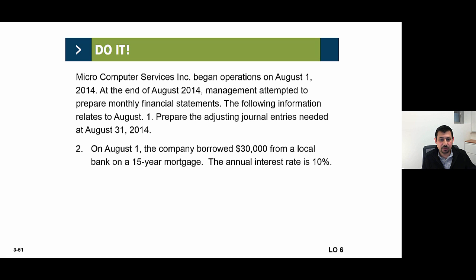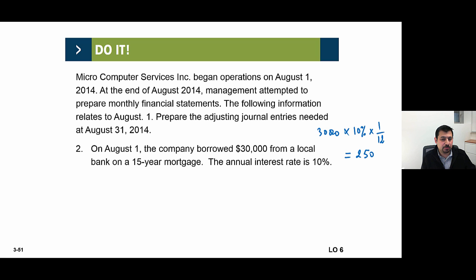The interest amount is the face value, which is 30,000, multiplied by the annual interest rate, 10% per year, multiplied by 1/12 because it's for 1 month. That amount will be $250. So the amount of interest that has accumulated during the month of August is $250.